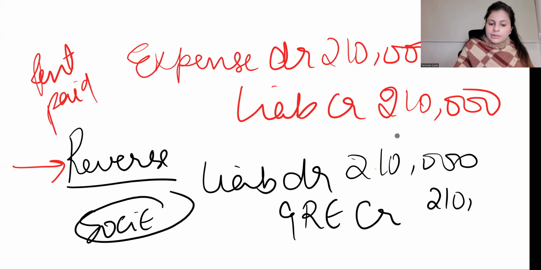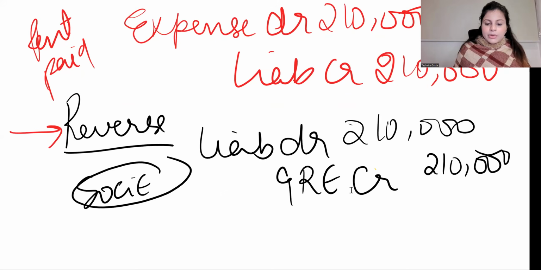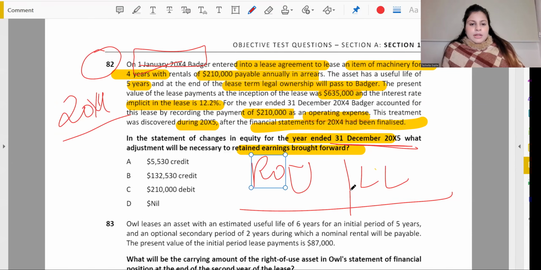Then what next? I need to create my ROU. What's my ROU? Let us see. You've entered into a lease agreement to lease an item of machinery. So when you are going to receive this asset, what do you record, ROU or the whole PPE?